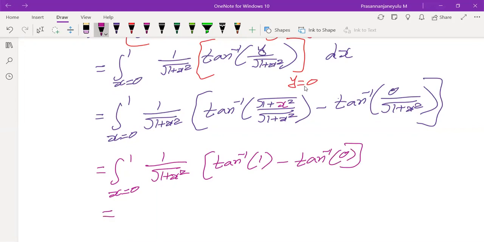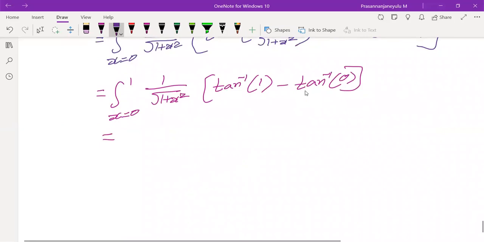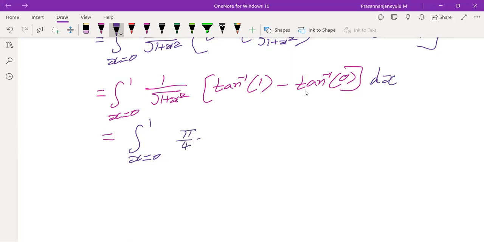Pi by 4. Tan inverse of 0 value is 0. Sorry, I forgot to mention dx. So tan inverse of 1 is pi by 4 minus 0, into 1 by root of 1 plus x square into dx.